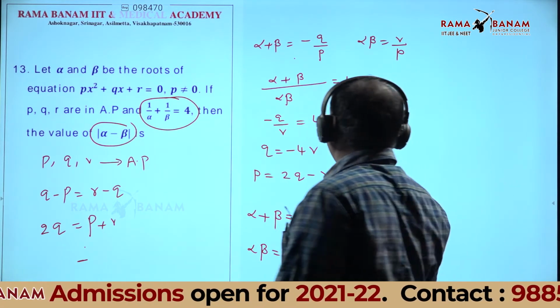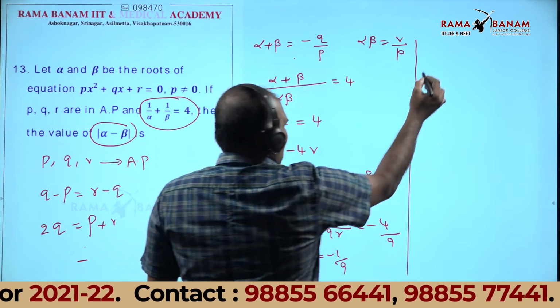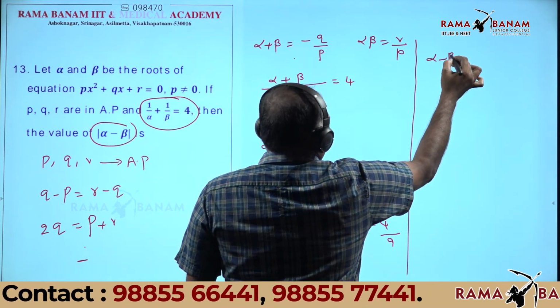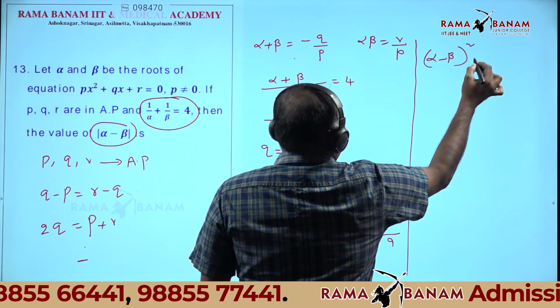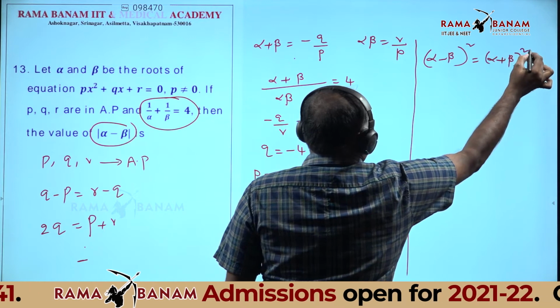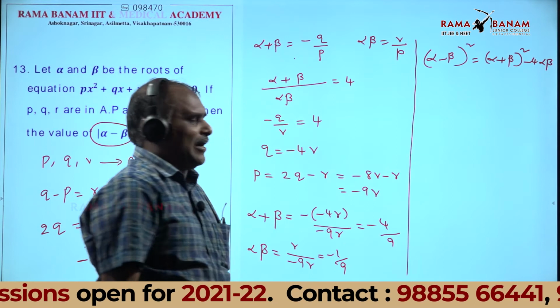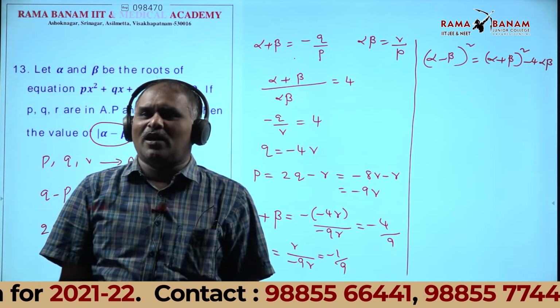Okay, listen. Observe this one. Alpha minus beta whole square is equal to, you have one formula, alpha plus beta whole square minus 4 alpha beta. Do you remember this formula? Yes, sir.